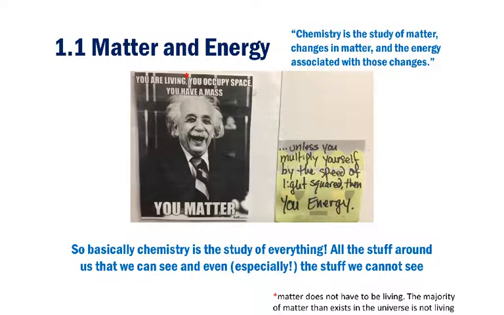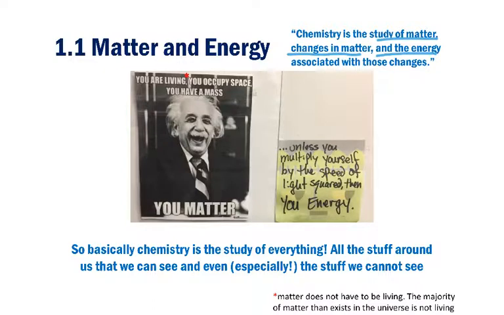And remember we said on the first day, chemistry is the study of matter, changes in matter, and the energy associated with those changes. So this section sounds like it's two-thirds of the course, or more, right? Matter and energy. But this is just the beginning. We're going to basically get some definitions, some terms. We're going to make sure we have a good starting point.